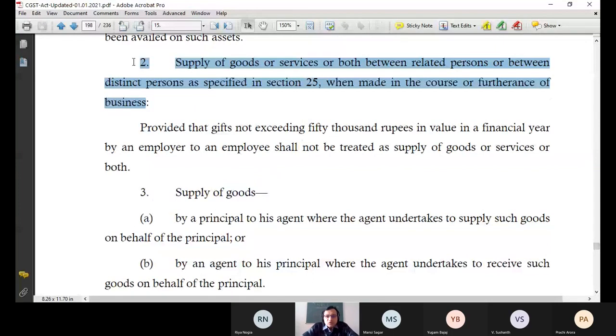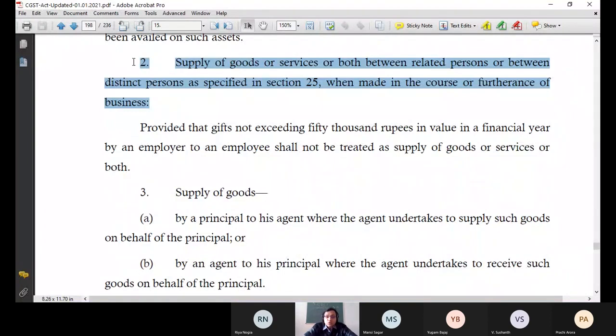Supply of goods or services or both between related persons. Now these are two new words, related persons. I have not listened to such words earlier. If you remember our earlier classes, we have not discussed these words, related persons or between distinct persons. This word I have listened as specified in section 25. Yes, distinct persons is written in section 25.